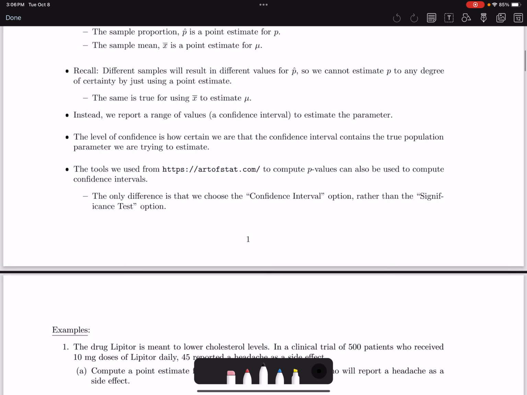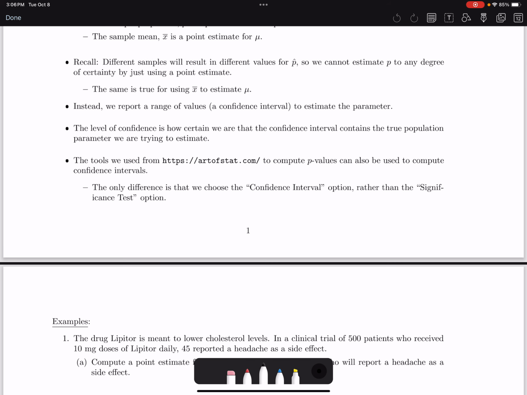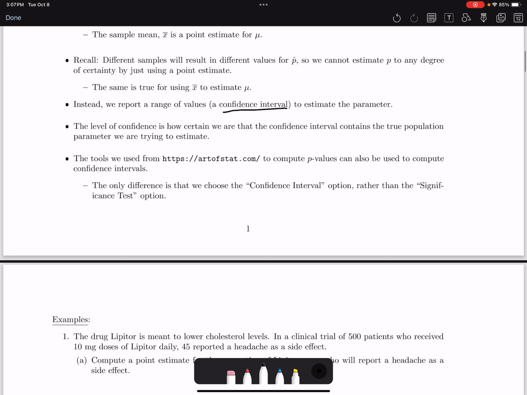Now, different samples are going to result in different values for p hat and for x bar, and so we can't say with any degree of certainty that p is equal to whatever value we got for p hat, and same thing for x bar and mu. Instead, what we'll do is report a range of values, and that's what we call a confidence interval, in order to estimate a parameter.